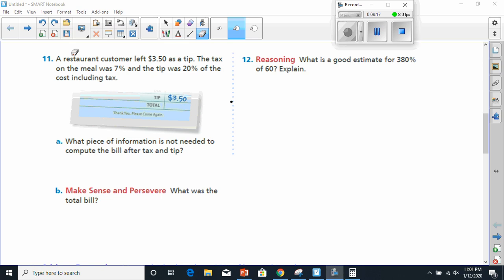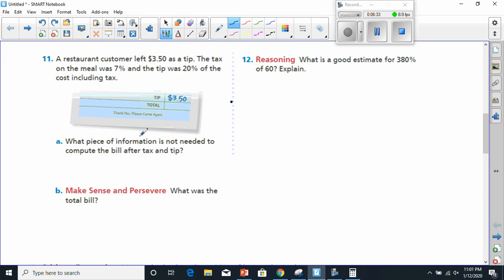So in reading this, we see the restaurant customer left $3.50 as a tip. The tax on the meal was 7%. The tip was 20% of the cost. What piece of information is not needed?